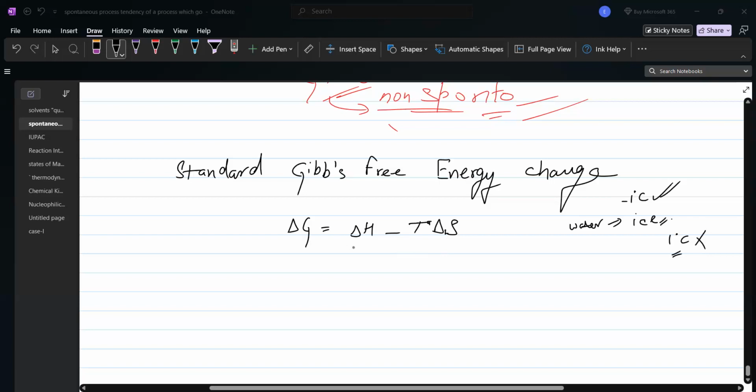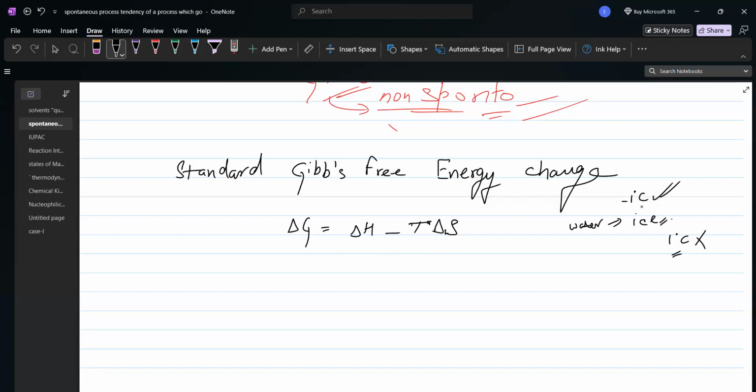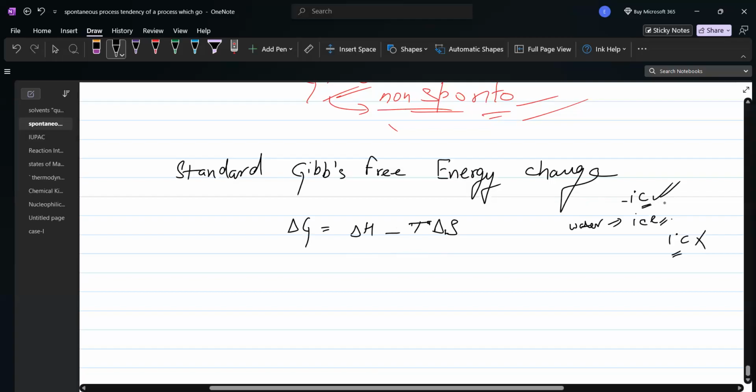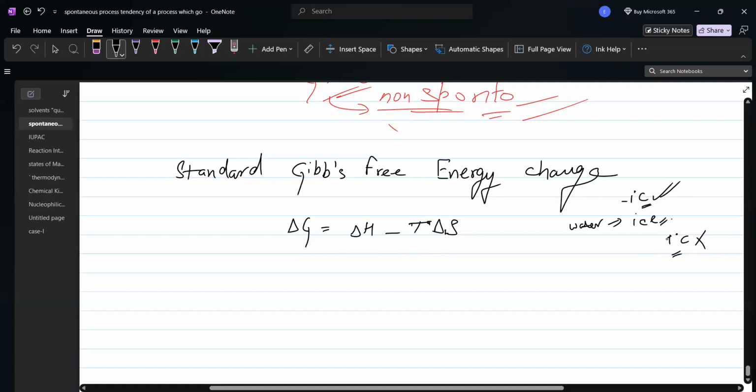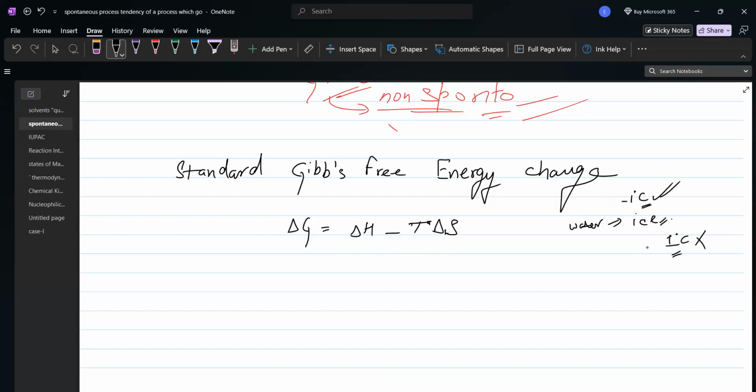So this is temperature dependent. One guy in Canada, where there is very low temperature in winters, is saying that water is readily converting into ice. It is spontaneous. But for example, in South India, the temperature is always greater than zero, even in winter, so water is not converting into ice.